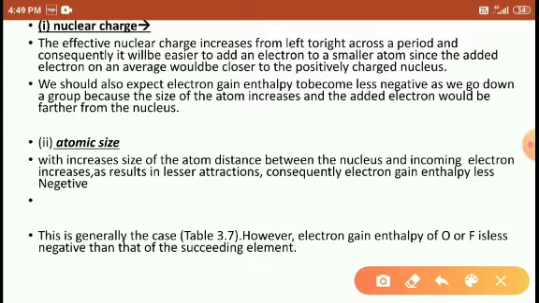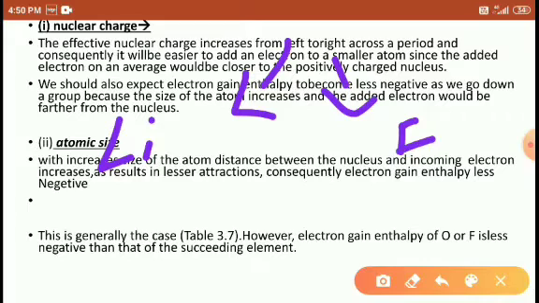So effective nuclear charge increases from left to right. Left means lithium, right means fluorine. When we move from lithium to fluorine, it is very easy to add an electron to the smaller atom. Which one is smaller?